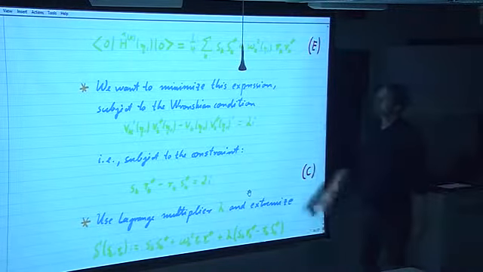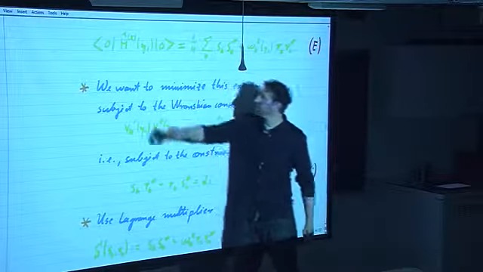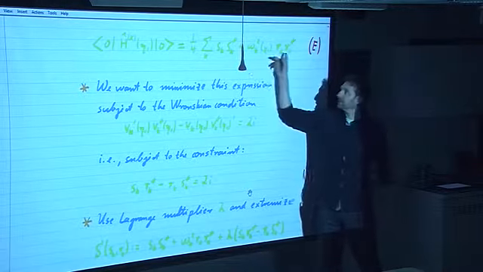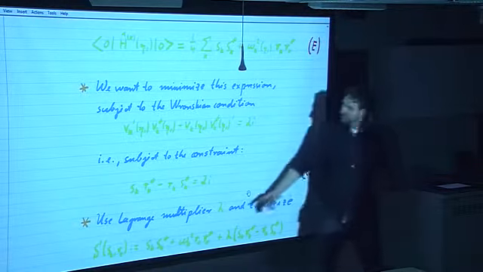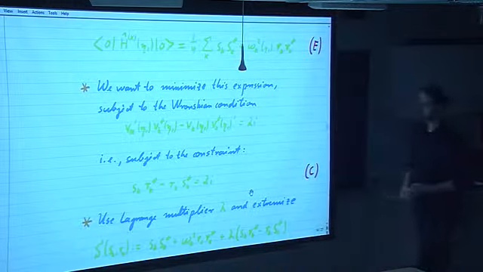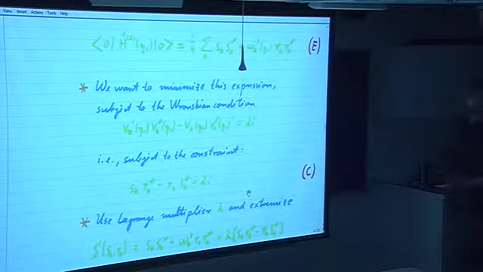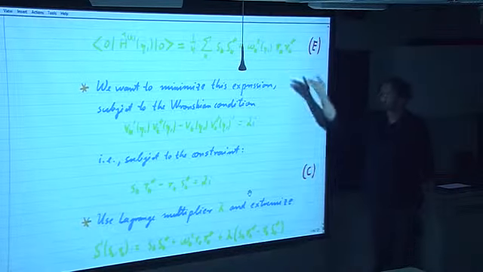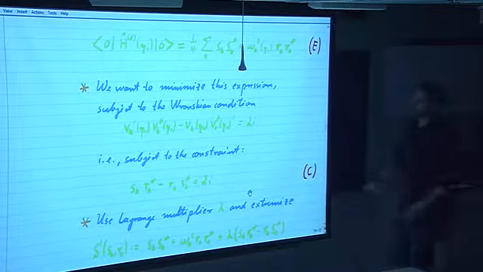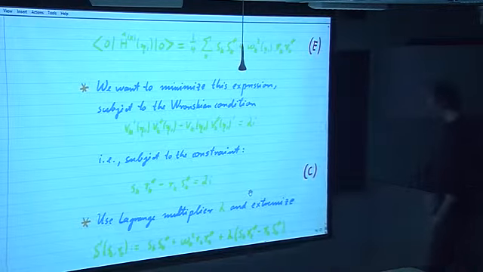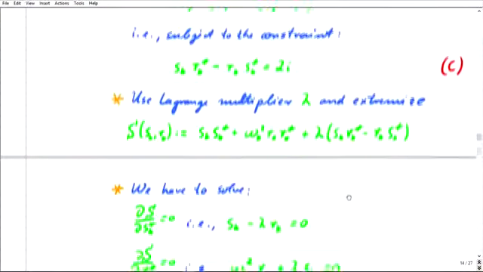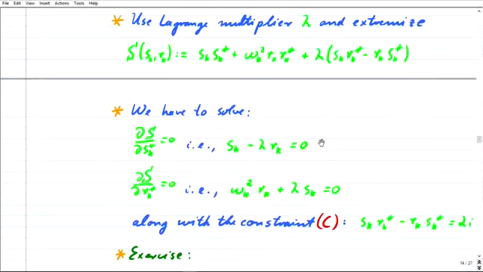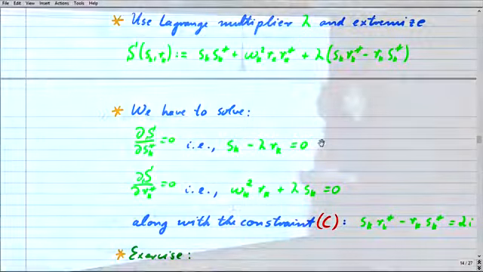So in other words, we want to minimize the energy by varying the R and S, subject to the constraint that this has to be true. Because otherwise you could just say R and S are equal to 0, right? That would pretty much minimize it, but that is forbidden. Can't have R and S equal to 0. So we use extremization with a constraint, extremization with a Lagrange multiplier.